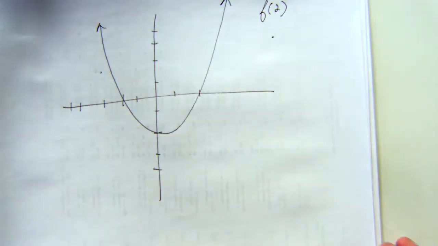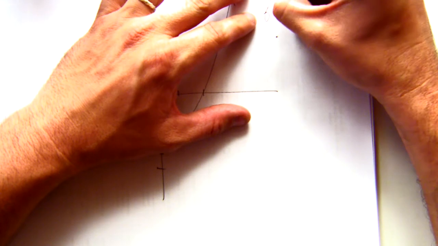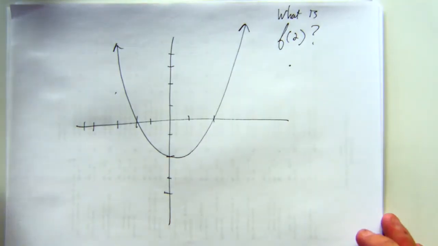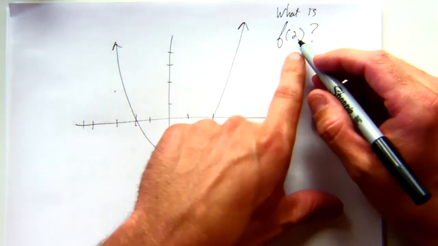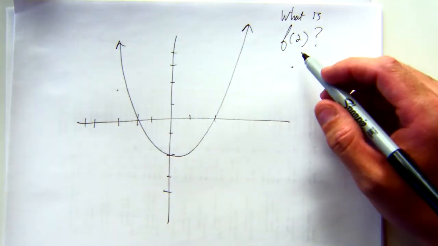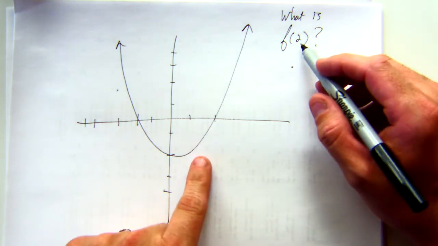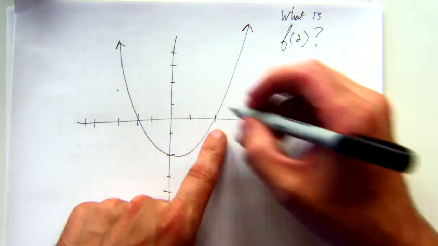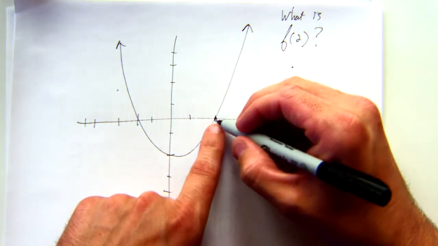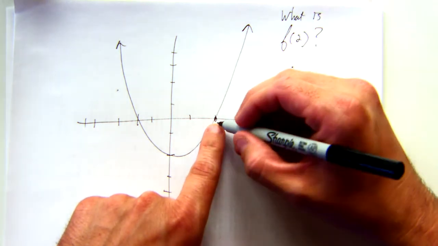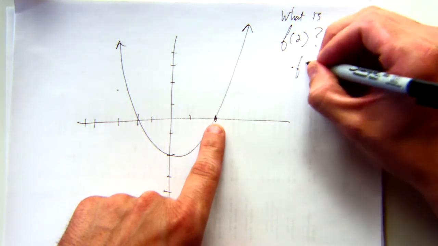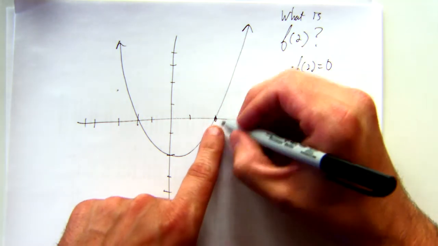Using the graph, what is f of 2? So this 2 is my input, right? That's my x. So when I think about 2 as my x, I want to go, on the x-axis, to 2. Now what is f of 2? What is your y? So f of 2 is equal to 0.